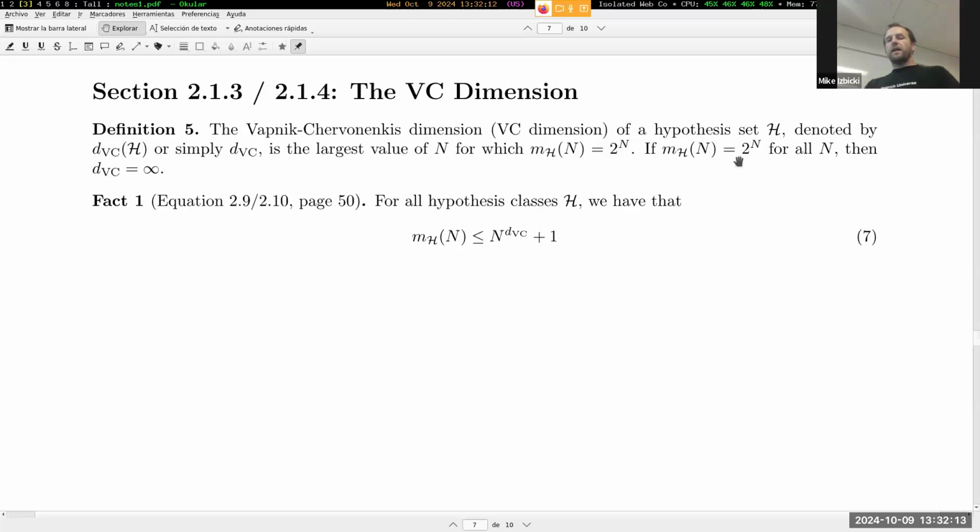The other part of this is that if our growth function is always exponential, another way of saying that is if there is no breakpoint for our hypothesis class, because a breakpoint is a value of n for which our growth function is not exponential, but polynomial. So if there is no breakpoint, or if our growth function is always exponential, then we say the VC dimension is infinite.